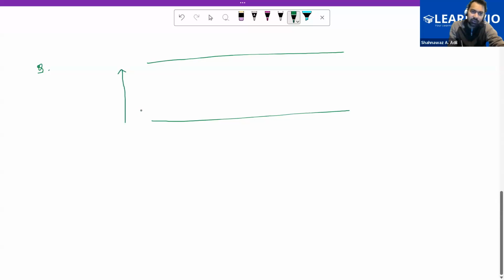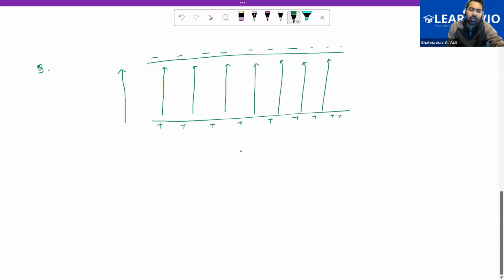So this is positive, this is negative, so the electric field is in this direction. Then this distance is D, and this distance is L.